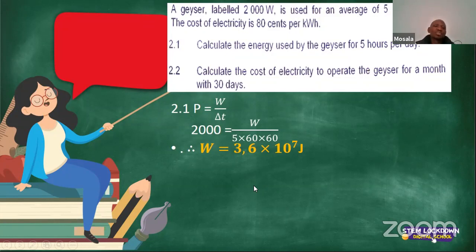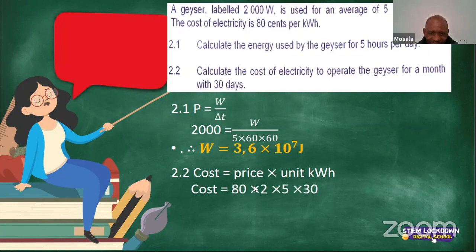Right, 2.2, calculate the cost of electricity to operate the geyser for a month with 30 days. Now, the cost will be equal to 80 multiplied by what? Multiplied by 2. Why are we saying 2?